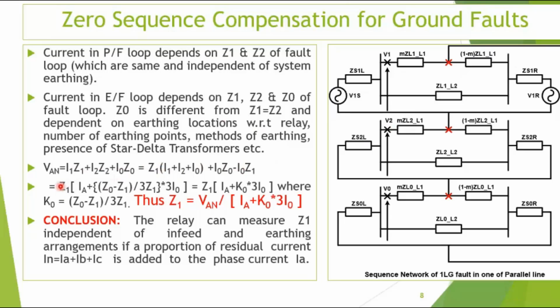After that I get Z1 into IA. What is IA? The current through the relaying location. The current through the relaying location is the sum total of the sequence currents: positive sequence current, negative sequence current and zero sequence current, at least in A phase.